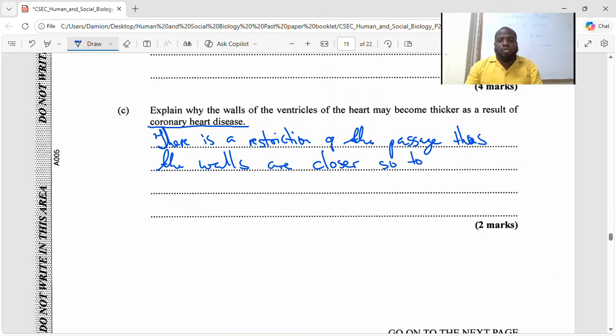So to overcome that, the ventricles will have to pump blood much harder or more intensely.